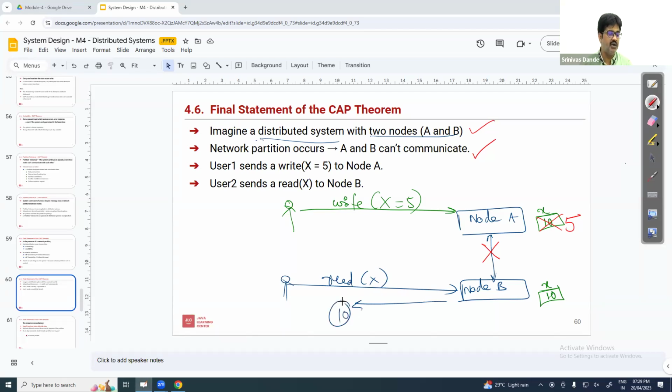Is it the latest value? So this is the old value, which is an incorrect value, called stale data. Now tell me whether this distributed system is consistent. Is it a consistent system?